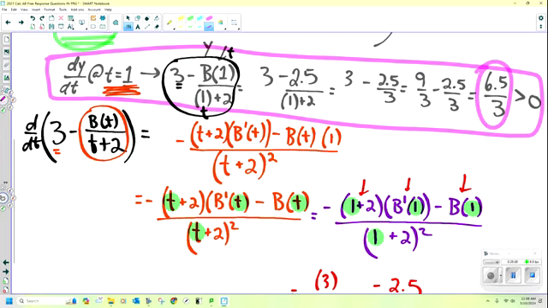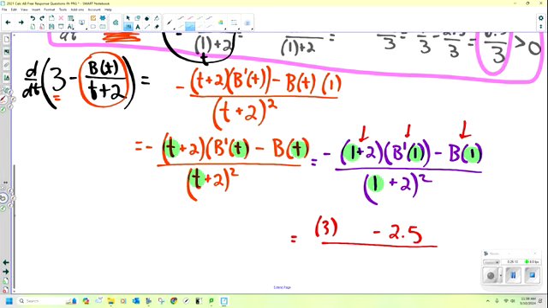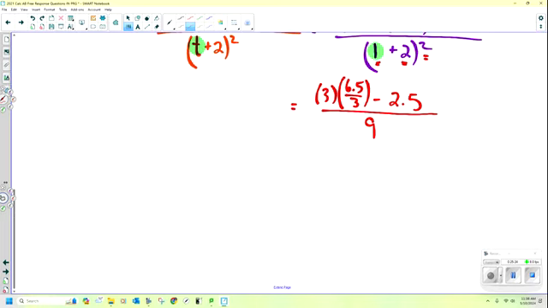All right? So this is 6.5 over 3. 1 plus 2 is 3, and 3 squared is 9. All right. This is nice because the 3's cancel, and I get 6.5. Minus 2.5.